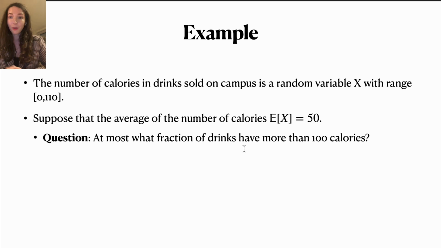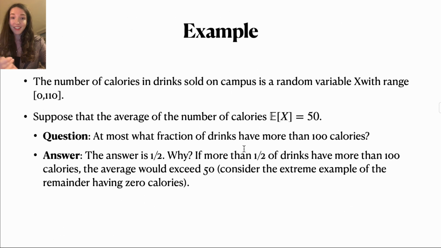Now suppose that I tell you that the average number of calories, so the expected value of x, is 50. And then the question is, what can we say about the fraction of drinks that have more than 100 calories? Is there any way we can bound the fraction of drinks that have more than 100 calories?